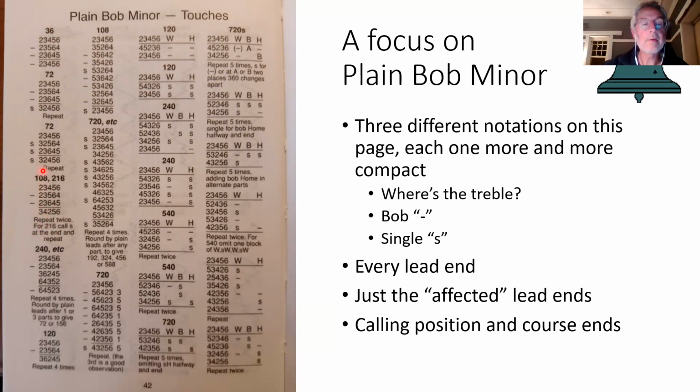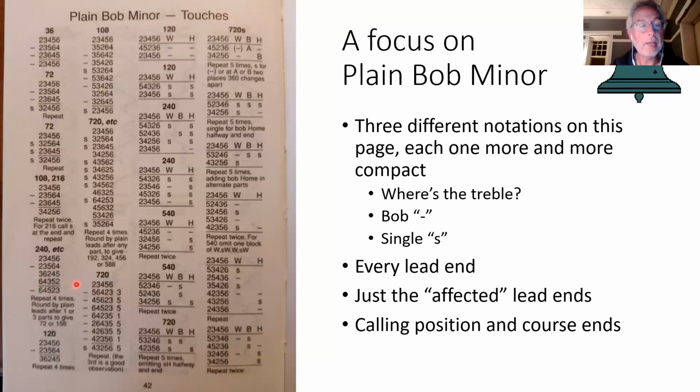So you think to yourself, all right, I've done this 108. The bride still hasn't arrived. The buzzer hasn't gone off. So let's just double it and see what happens. Okay. Similarly, the 240 here. This one kind of relies on counting. So bob at the first lead, a couple of plains, and then a bob at the 4th lead.